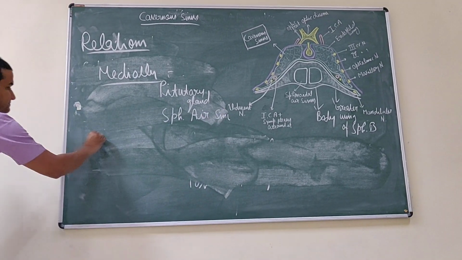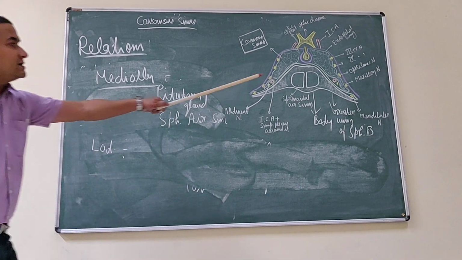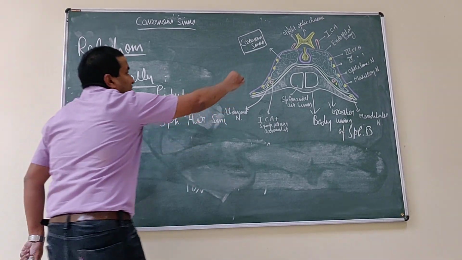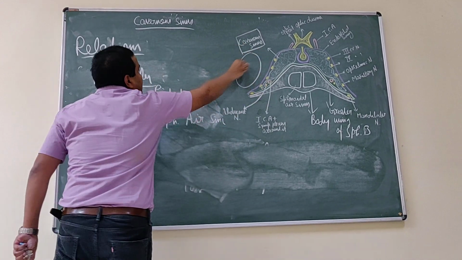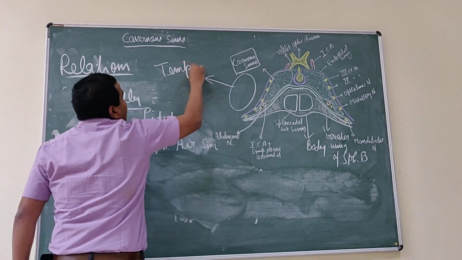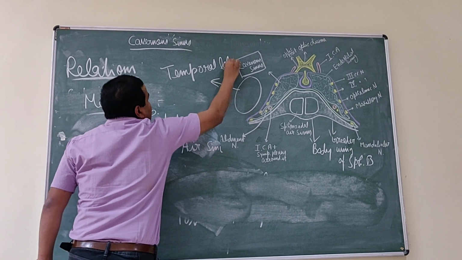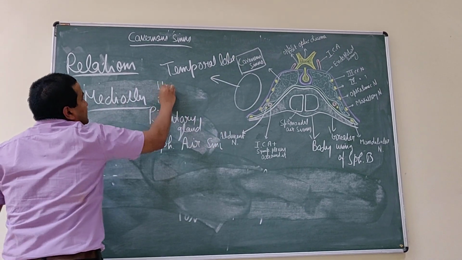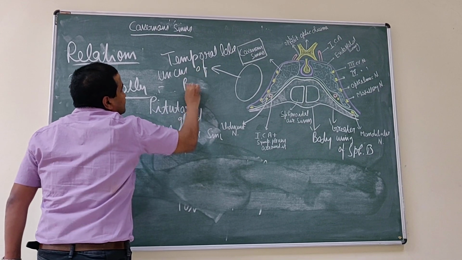Now the lateral. Laterally, this region is occupied by the temporal lobe as well as the uncus of the brain.